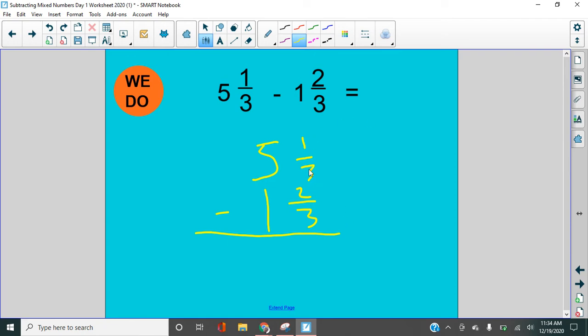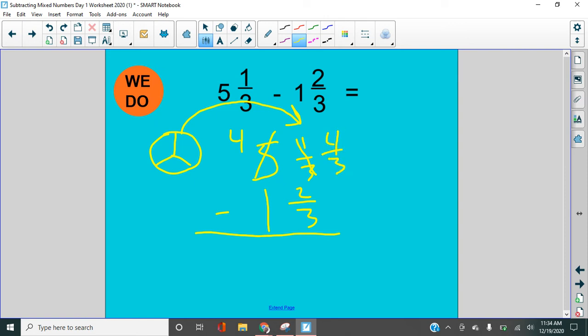Yep, we have that big bottom. So we're going to borrow. Big bottom borrow. We're borrowing from the 5. So we're taking one whole away, right? That's 3/3. We're going to give these 3/3 over here. There's already 1/3 here. So 1/3 plus 3/3. Now I have 4/3.